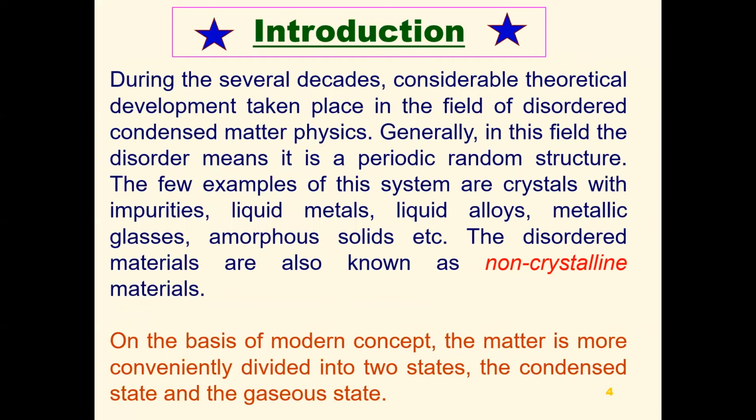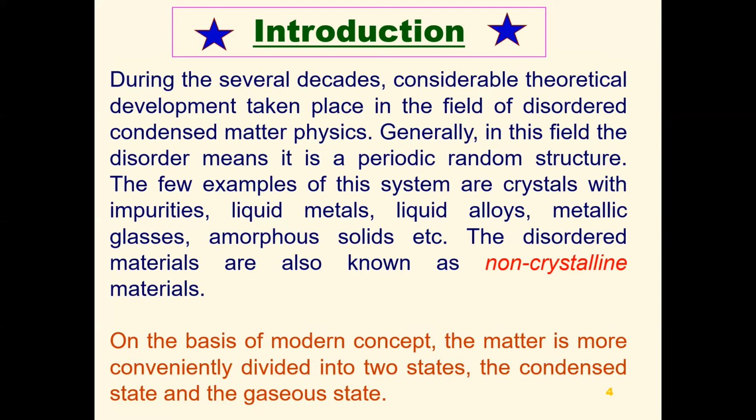First, I would like to say something about the introductory part of disordered materials. Generally, during the last several decades, considerable theoretical development has taken place in the field of disordered condensed matter physics. In this field, disorder means a non-periodic random structure.